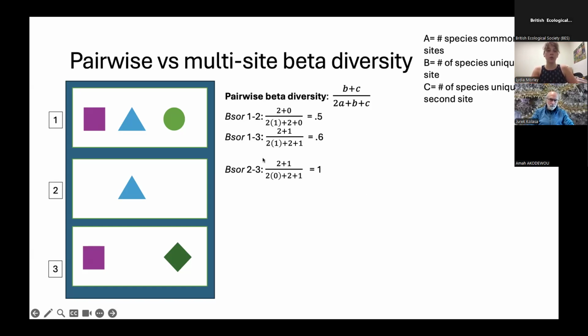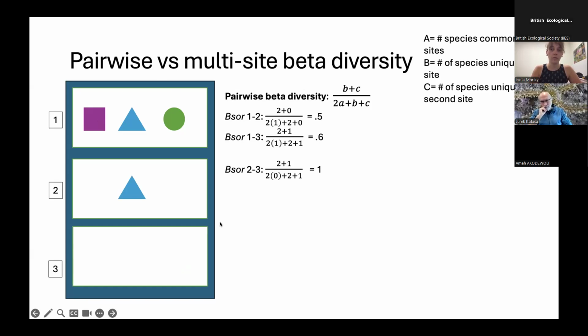So we can calculate Sorensen's dissimilarity for each pair of sites within this community, where this is our function: (b plus c) over (2a plus b plus c), where a equals the number of species common to both sites, b equals the number of species unique to the first site, and c equals the number of species unique to the second site.